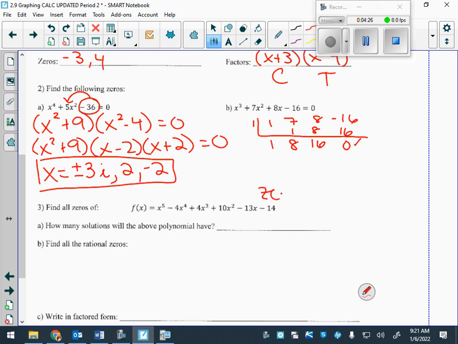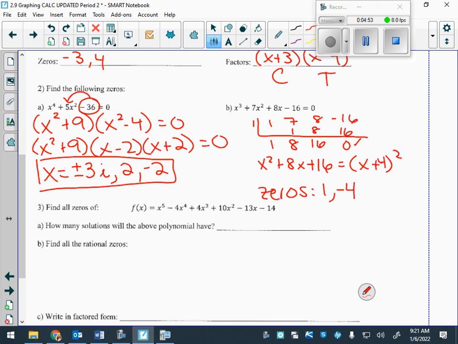So right now we know our zeros are 1. Then we're left with x squared plus 8x plus 16. Can I factor that? How? Yeah, Campbell. Good. So we have x plus 4 squared.